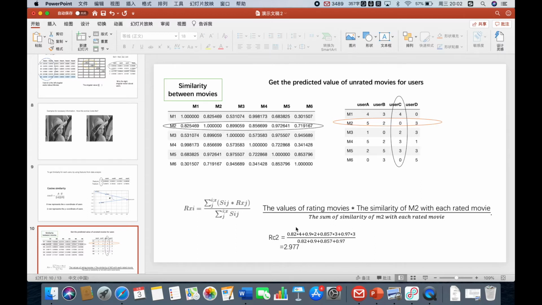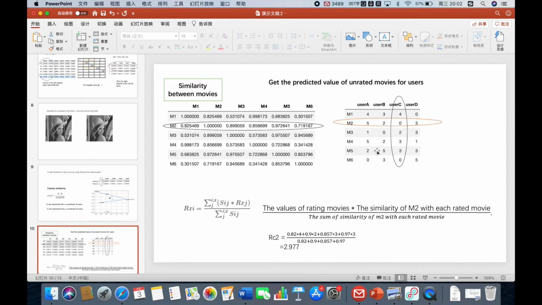So here is the example. We know the user rated movie 1 with the value 4, and the similarity between movie 2 and movie 1 is 0.82. So 0.82 times 4. We also know the user rated movie 3 with the value 2, and the similarity between movie 3 and movie 2 is 0.89, so I just take the value as 0.9, and 0.9 times 2.